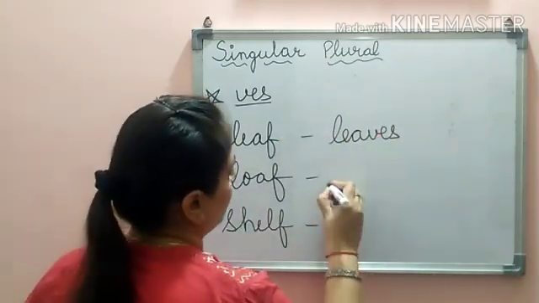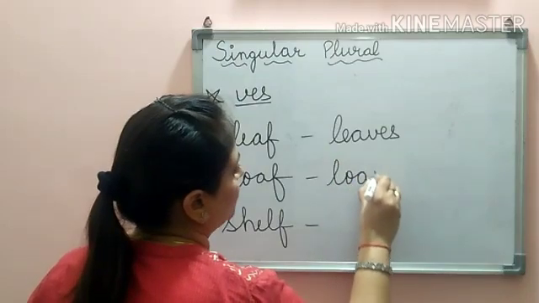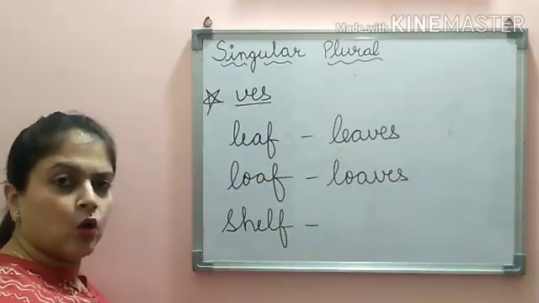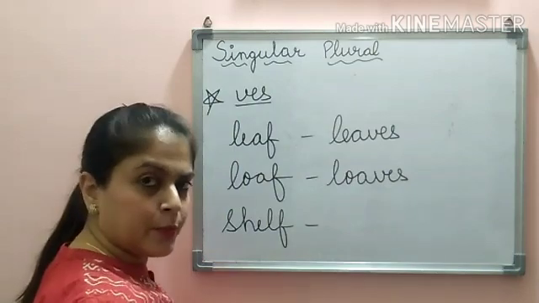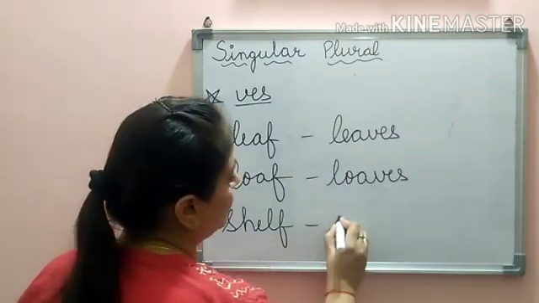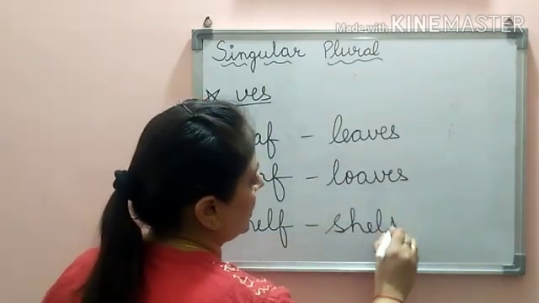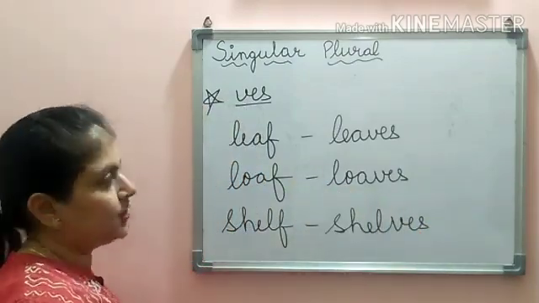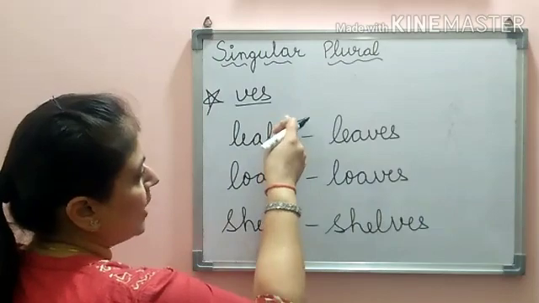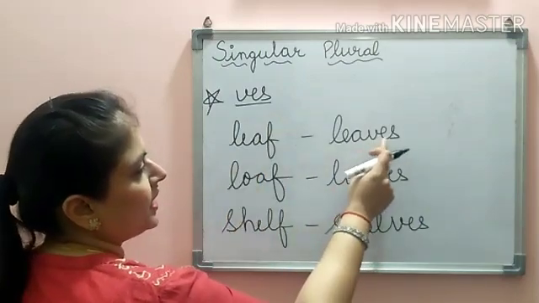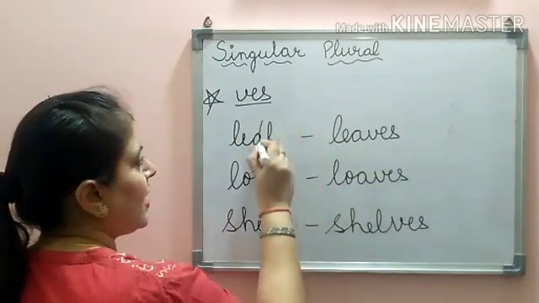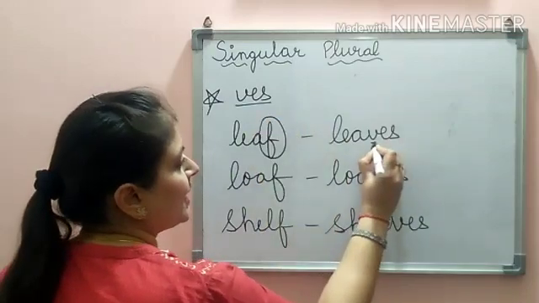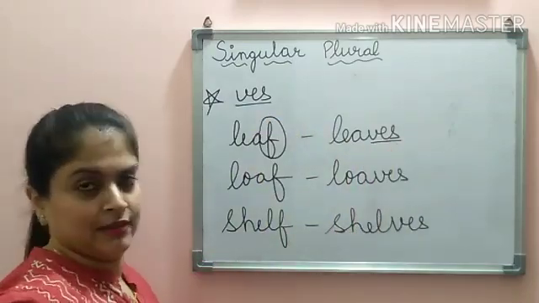Loaf, loaves. A loaf of bread, loaves of bread. Shelf will become shelves. One shelf, many shelves. Simple, we have to remove f and we have to add ves. f is going to be removed and ves is going to be added.